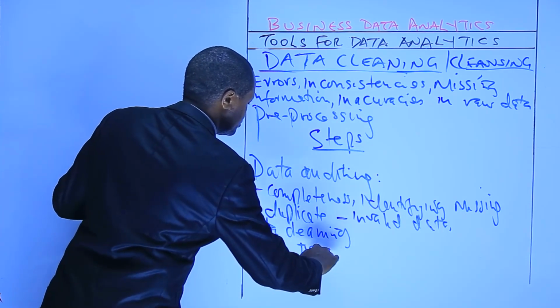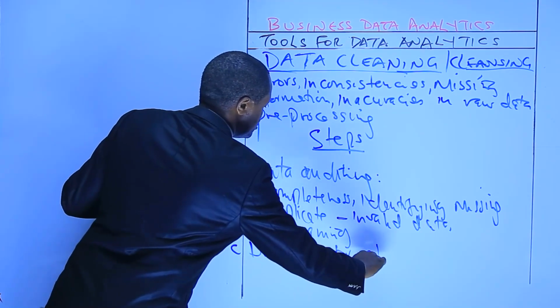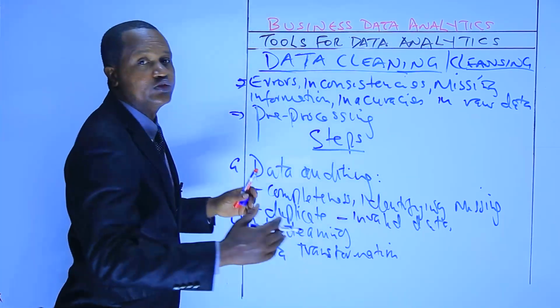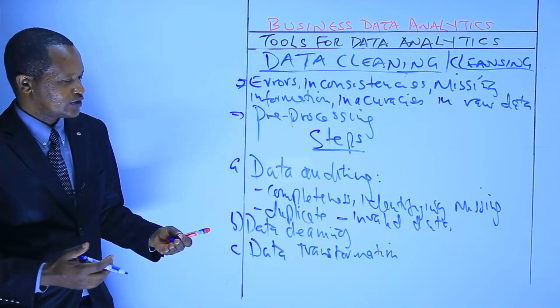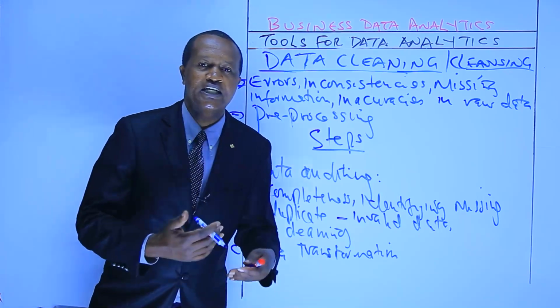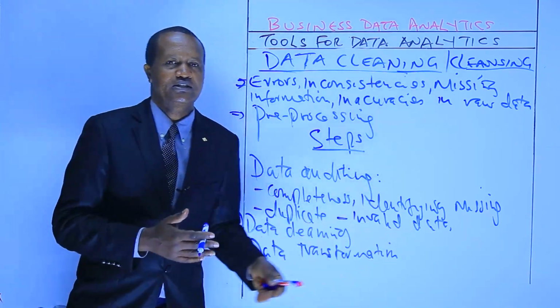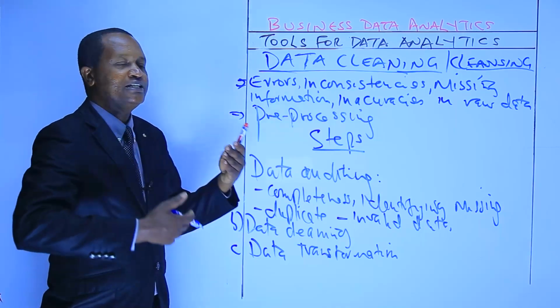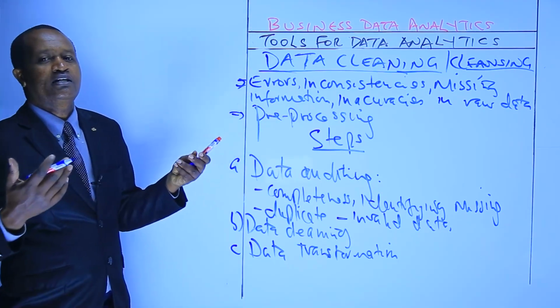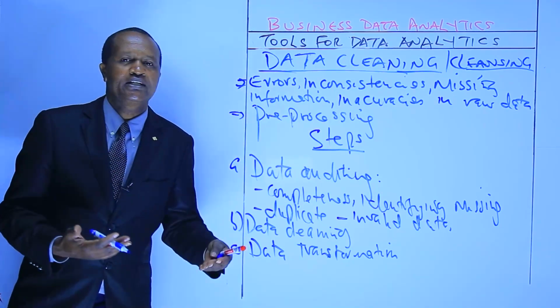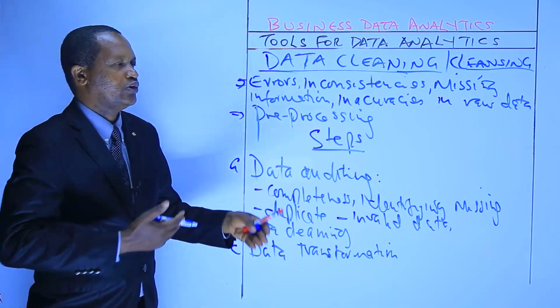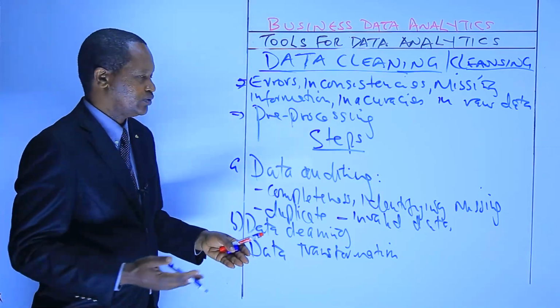Then step number 3 is data transformation. Data transformation involves converting data into suitable format for analysis, such as normalizing, standardizing, and also encoding of categorical variables and so on.